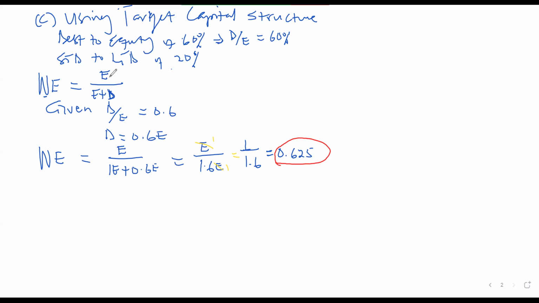So we have equity to be 100 and the debt to be 60. To get the weight, it will be 100 plus the 60. We will still arrive at 1 over 1.6. So the weight of equity is going to be 100 over 160. Yes, sir. It works perfectly.